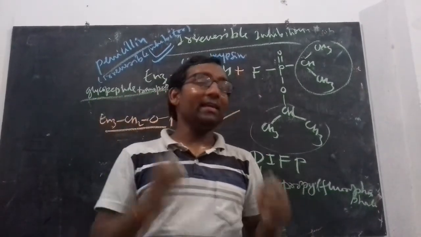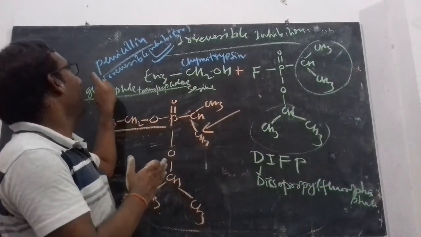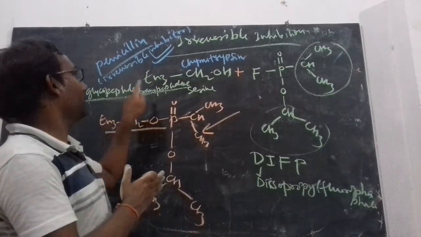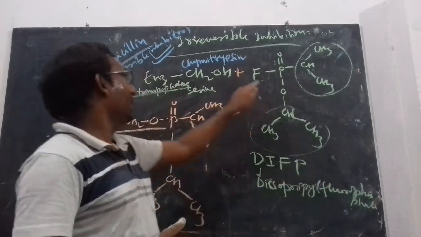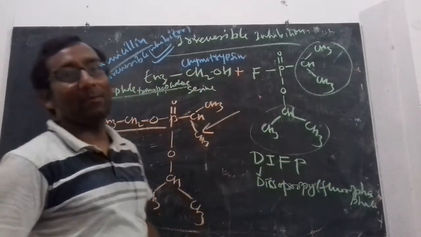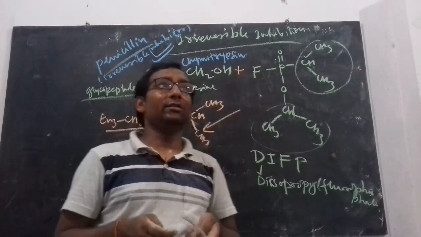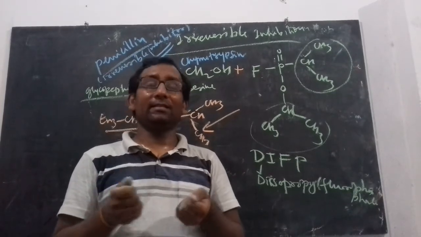And in irreversible inhibition, you have learned how penicillin acts as an irreversible inhibitor for the enzyme glycopeptide transpeptidase, and how DIFP, diisopropyl fluorophosphate, acts as an inhibitor for the enzyme chymotrypsin by binding covalently to the serine residues or other functional groups present on the enzyme.